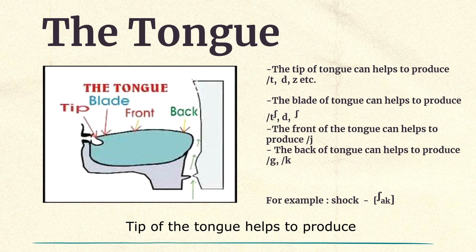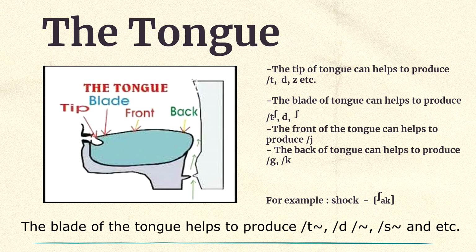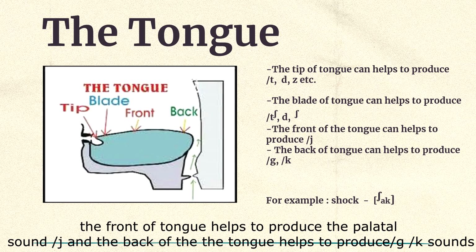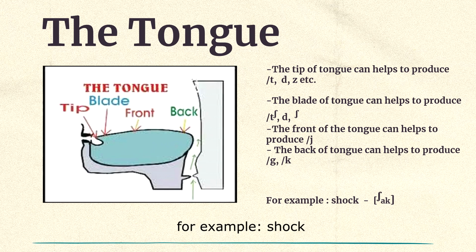The tip of the tongue helps to produce sounds like th, d, t, and etc. The blade of the tongue helps to produce ch, j, sh, and etc. The front of the tongue helps to produce the palatal sound y, and the back of the tongue helps to produce k and g sounds. For example, shock.